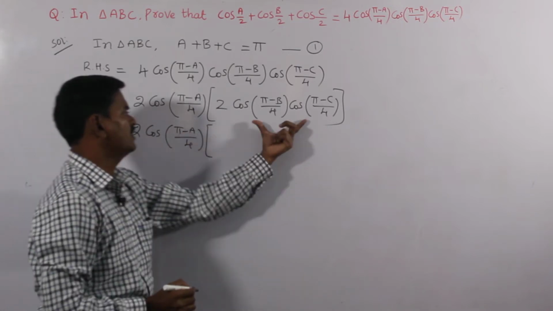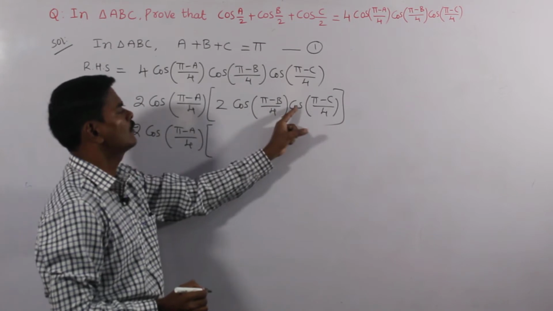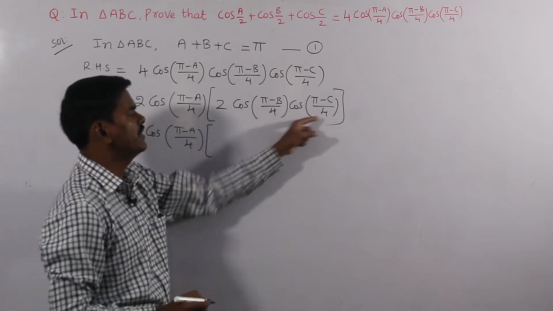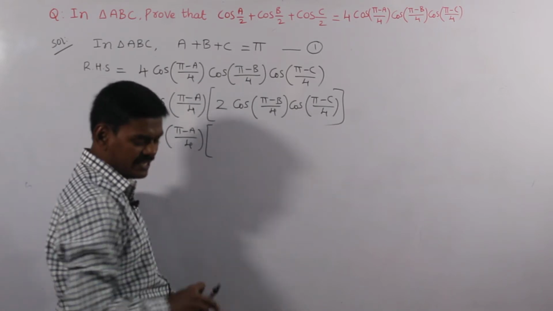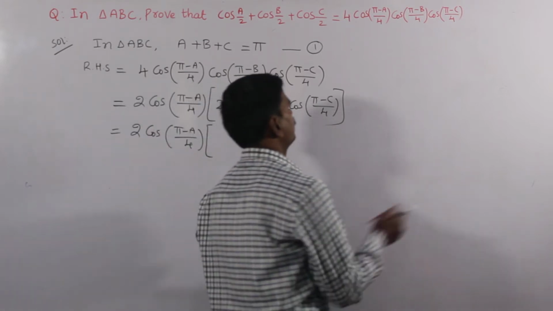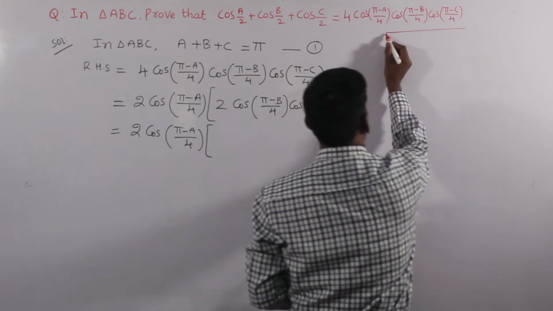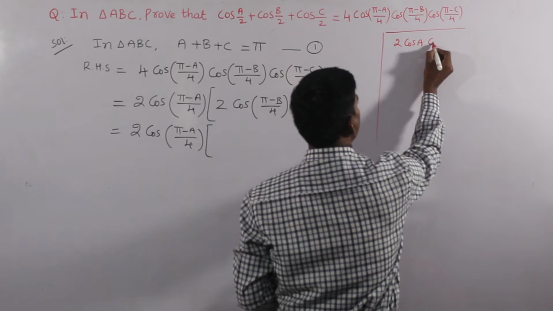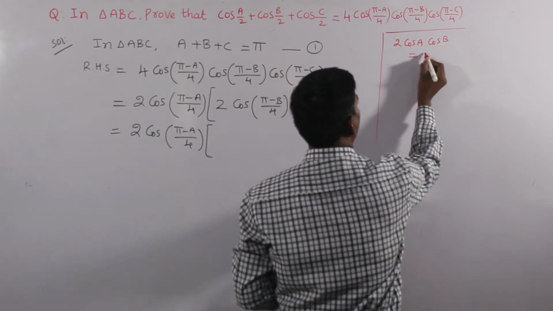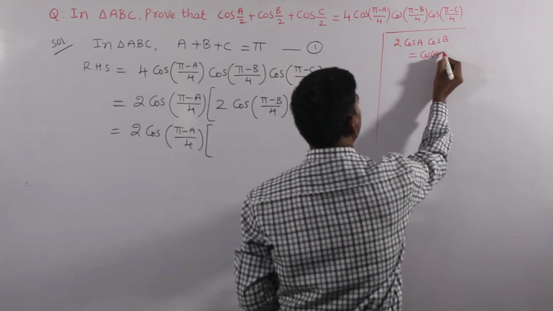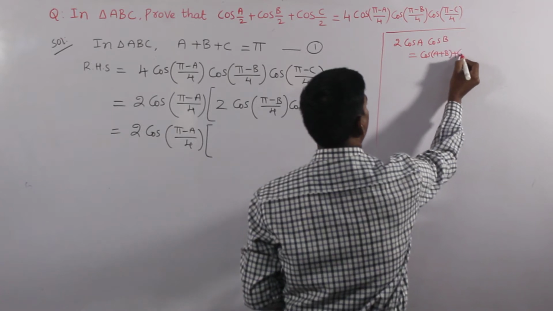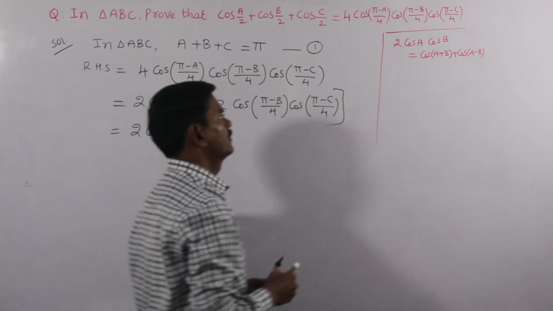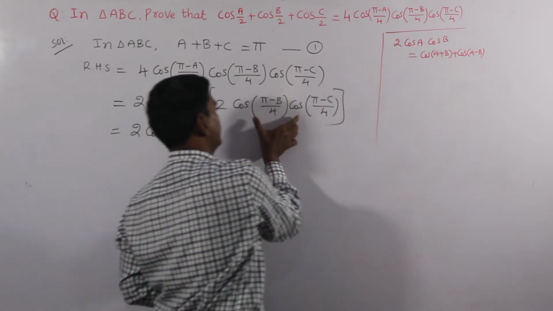Now the bracket expression looks like 2 cos A cos B. Assume (π − B)/4 as A and (π − C)/4 as B. If I remind the formula, 2 cos A cos B equals cos(A + B) + cos(A − B). So we have to use this formula here.